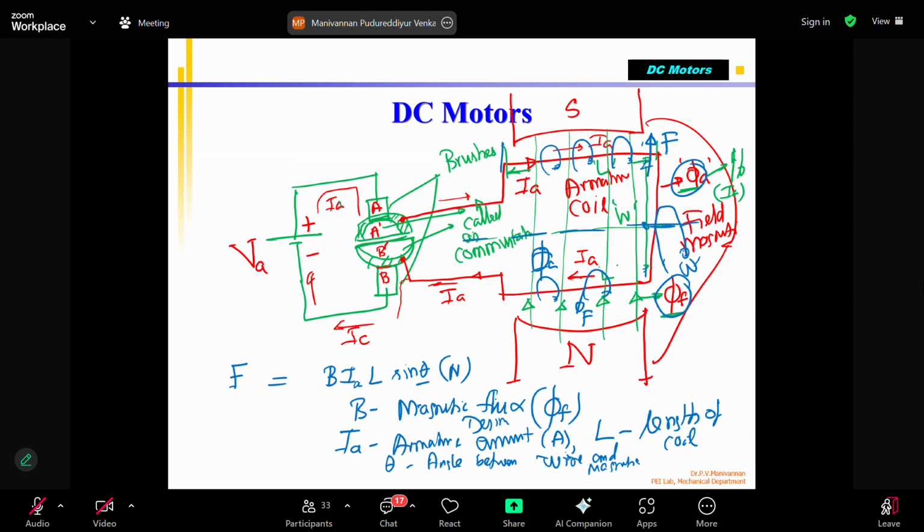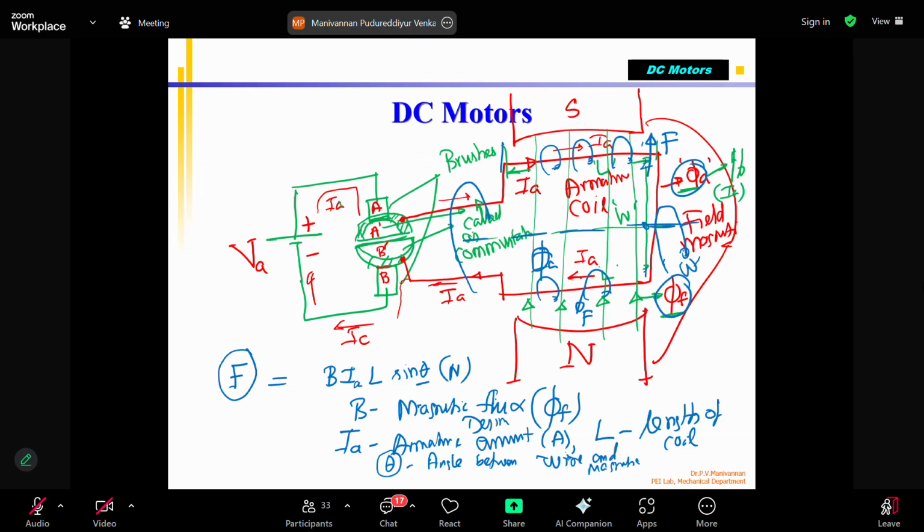Depending upon that, you can see that this coil can rotate. So as it rotates, the angle varies. The theta varies because the field may remain constant, but the armature coil is rotating because of the repulsive force. As it is rotating, the theta will vary. But you'll see that the force will remain constant.